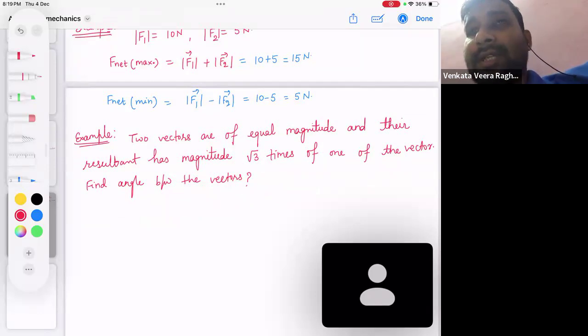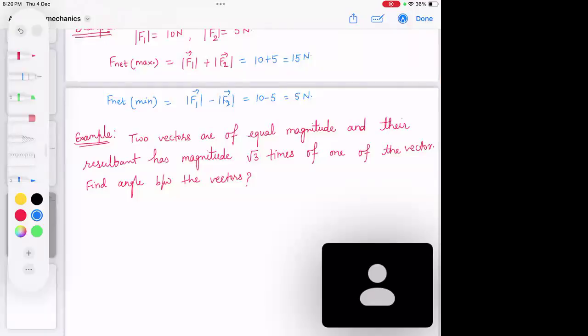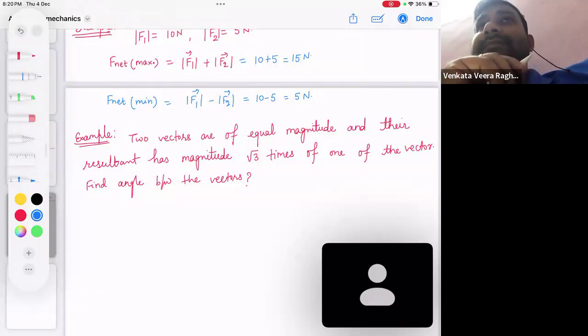They are asking what the angle between the two vectors is going to be. Understood the question properly? Yes, sir. So tell me what the answer is.